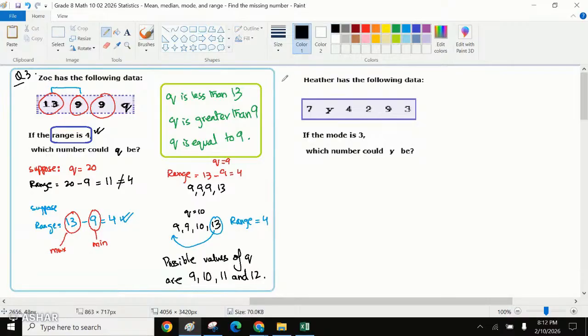So for question number 4, we know that the numbers are 7, y, 4, 2, 9, and 3. Okay. What they have provided us is, they have given us the mode. That means mode is the most repeated number. So in this case, what are the possibilities for mode?